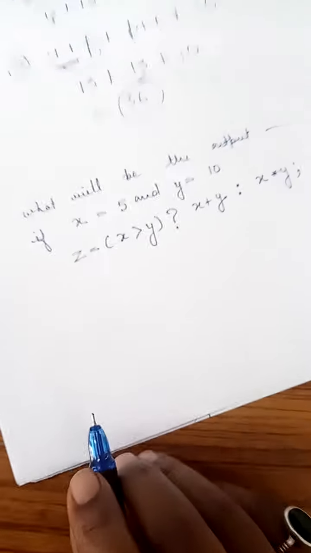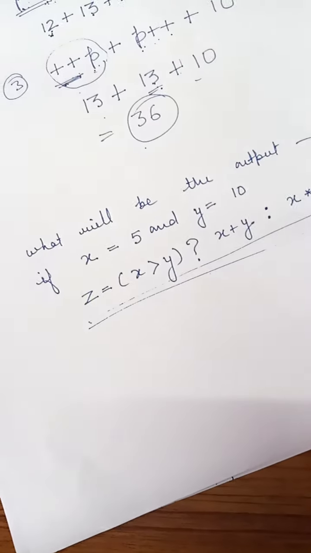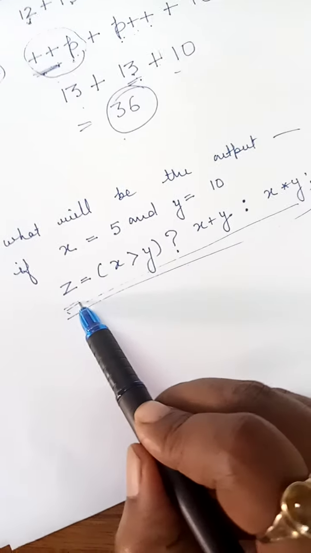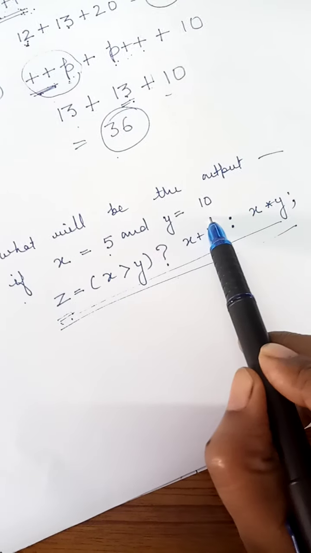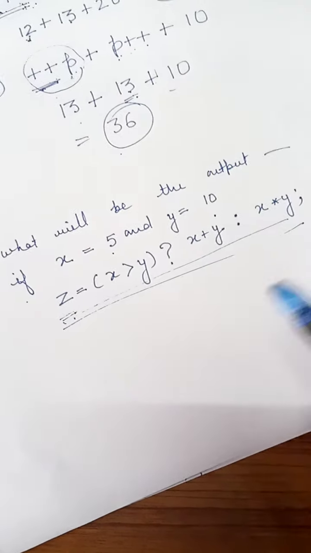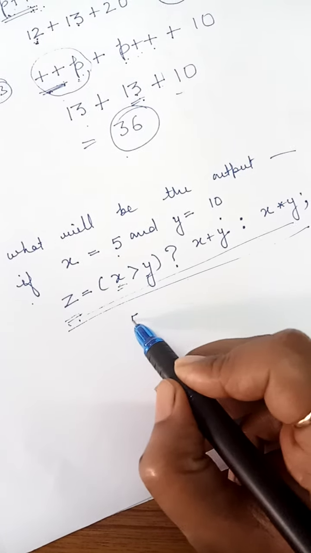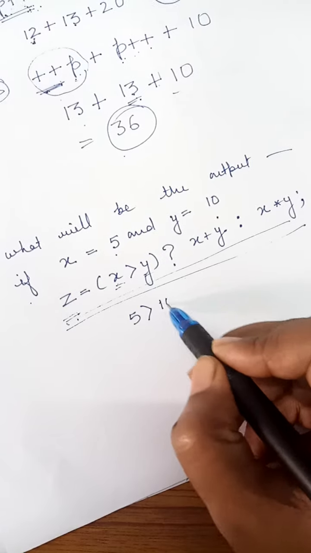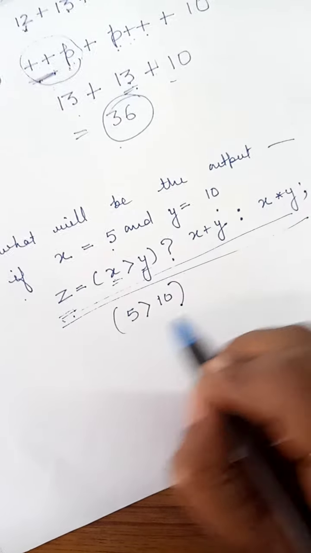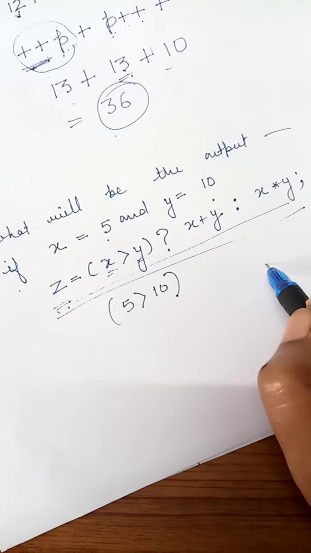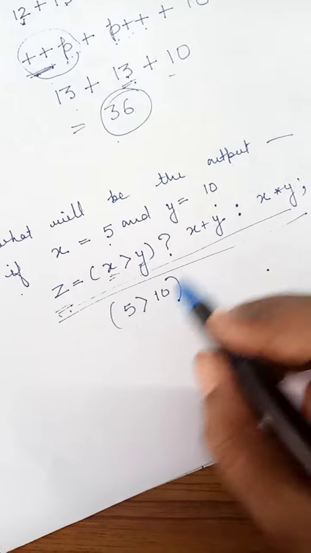Now come to the ternary operator. What will be the output of the following expression? The value of z you have to give, if the value of x is 5 and y is 10 initially. So put the values: 5 is greater than 10, then 5 plus 10, else 5 into 10, equals z. You need not write this in your fair copy; you can do the rough work and write only the answer.